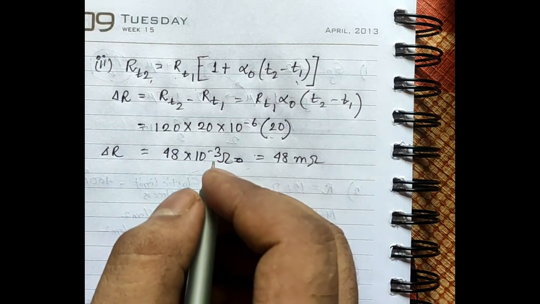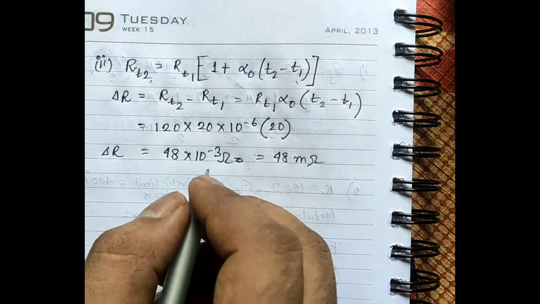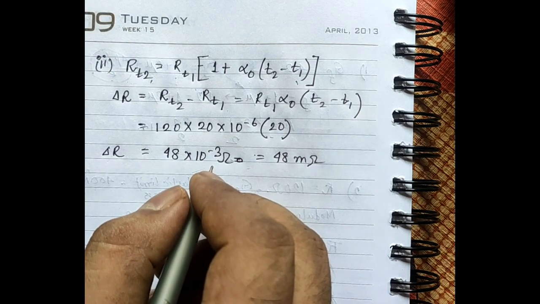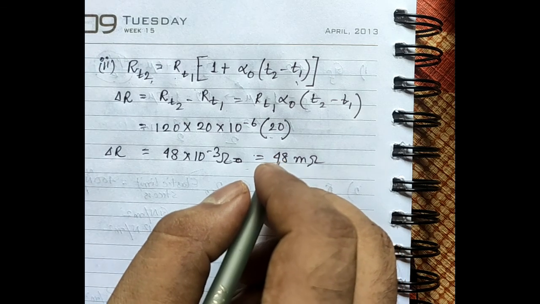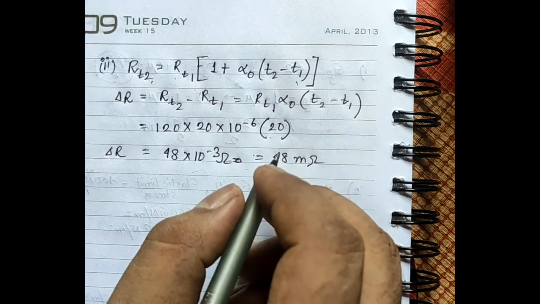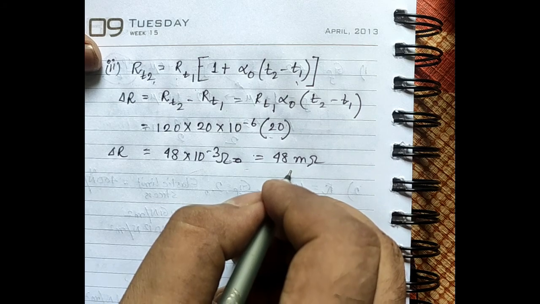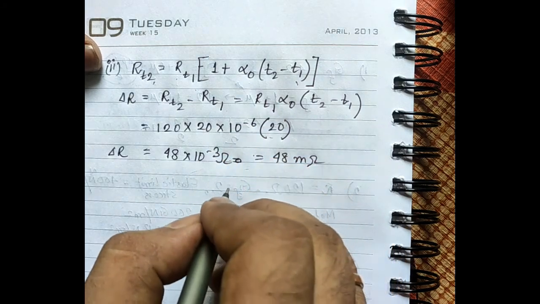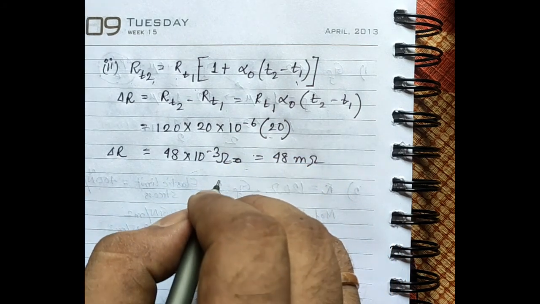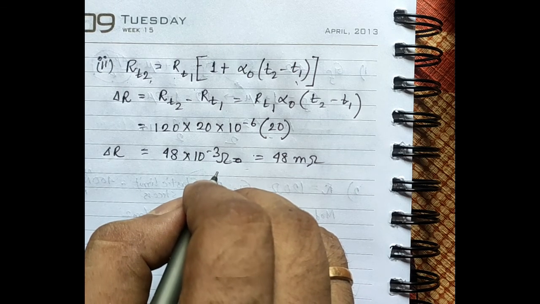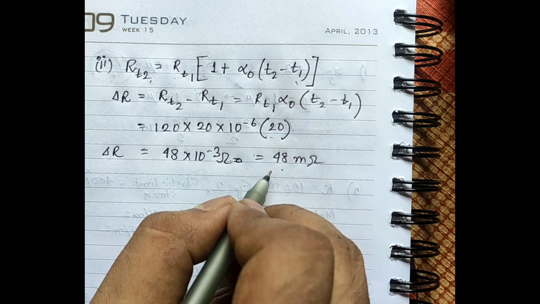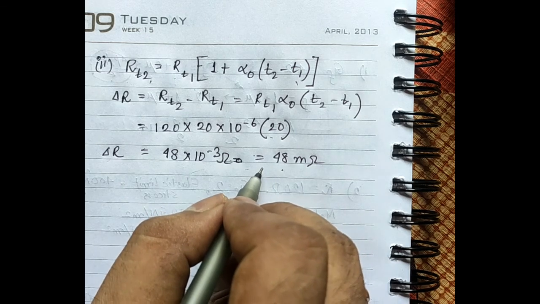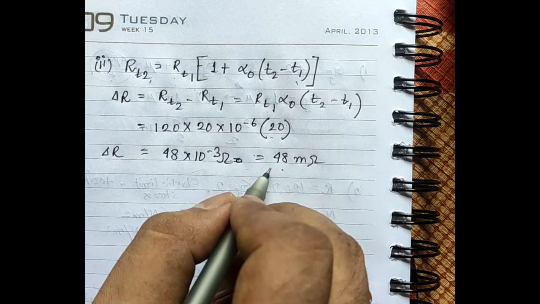So for both cases the result will be the same, that is 48. Sorry, the first is micro ohm and this one is milli ohm. That is 10 to the power minus 6 ohm, and that is 10 to the power minus 3 ohm. So this is the larger one, and the previous one is the smaller one. So this is the solution of this problem.